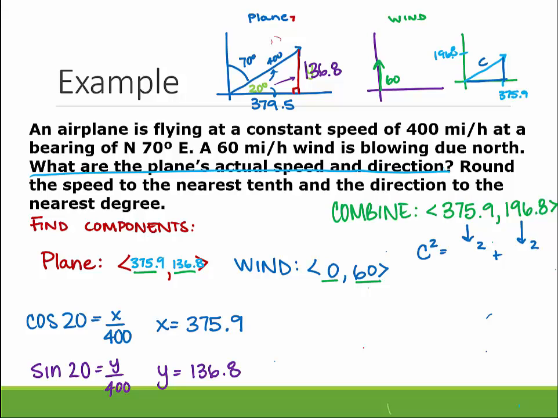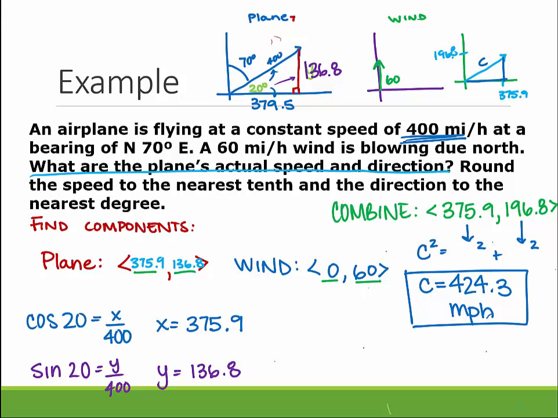So 375.9 squared plus 196.8 squared, and then take the square root of that. So I end up with c being 424.3. So this means the plane is actually going 424.3 miles per hour. So the wind's helping it. Remember, without the wind, it was going about 400. But the wind is also pushing it.